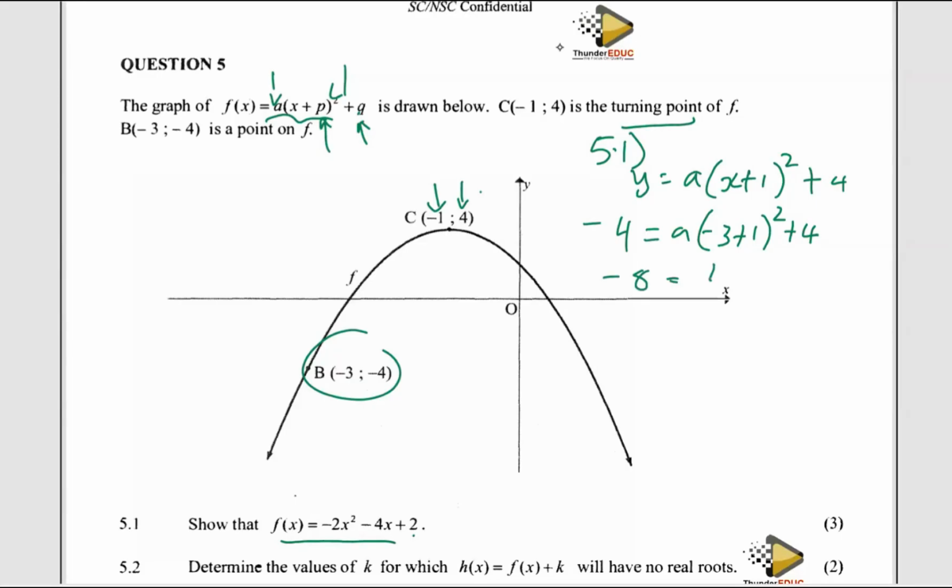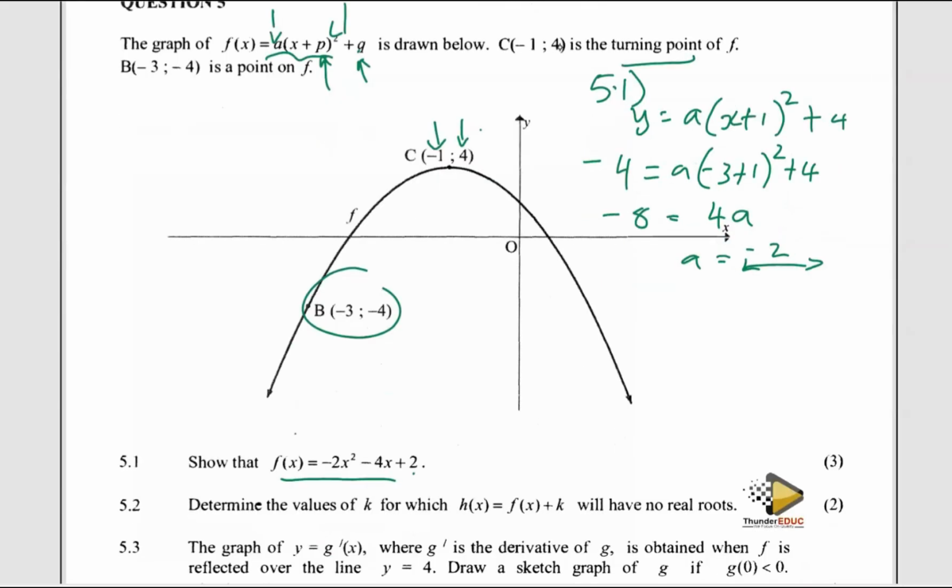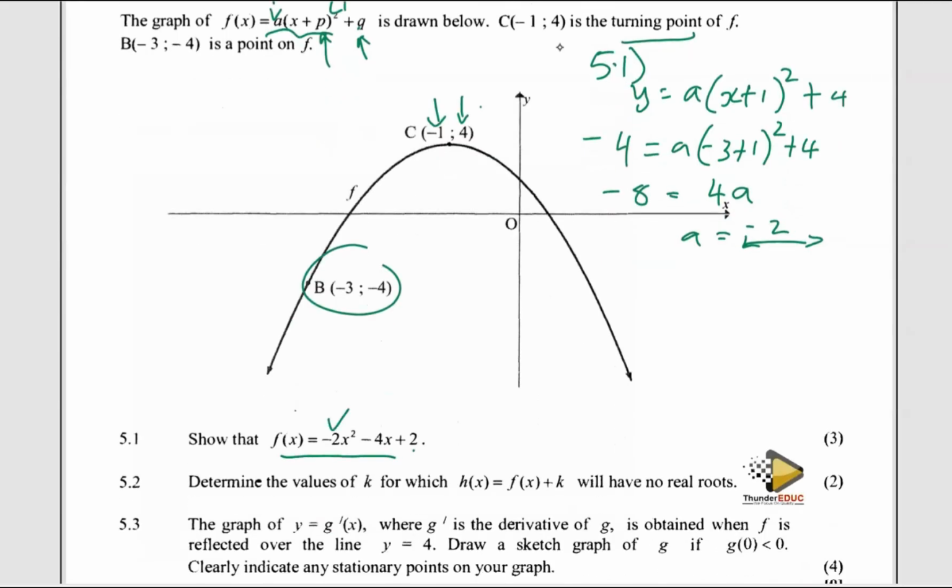And I simplify this, I'll end up with a 4a, meaning that our a is going to be negative 2, which is that. Then let's replace this negative 2 back in the equation and we open it. So negative 2 into, when I open this bracket, I'll have x squared plus 2x plus 1. And then I have a plus 4.